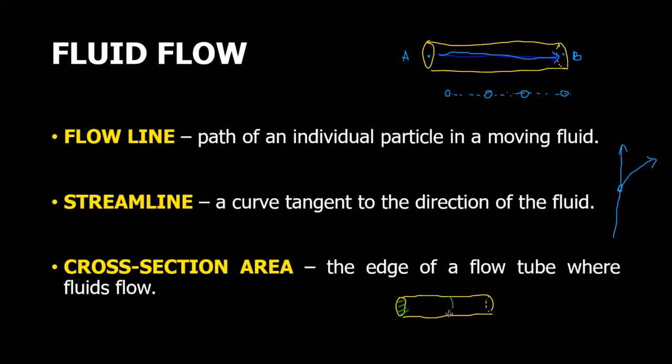This part right here is also the cross-sectional area. And this edge is also a cross-sectional area. The cross-sectional area usually sa tubes ay circular. May siyang radius, and again, recall ang area ng circle, it's pi times the radius quantity squared.